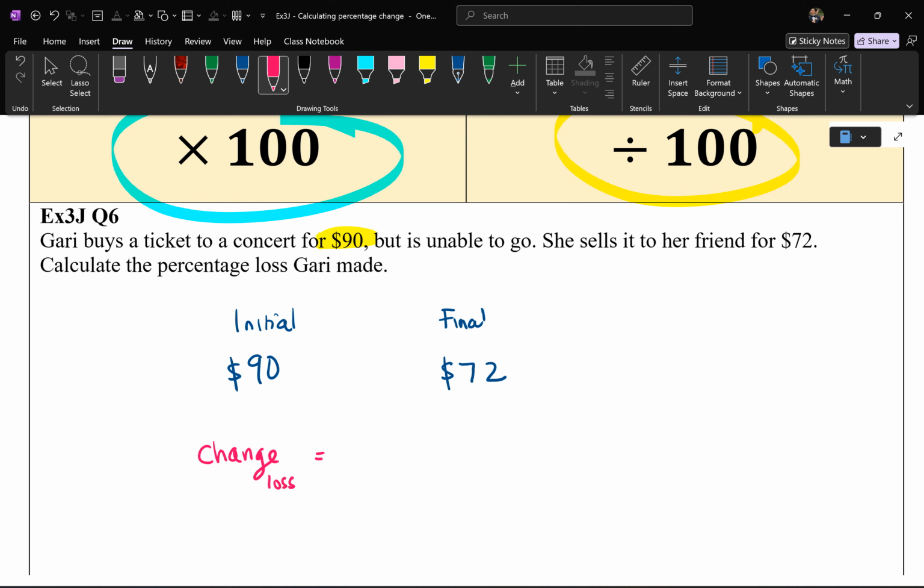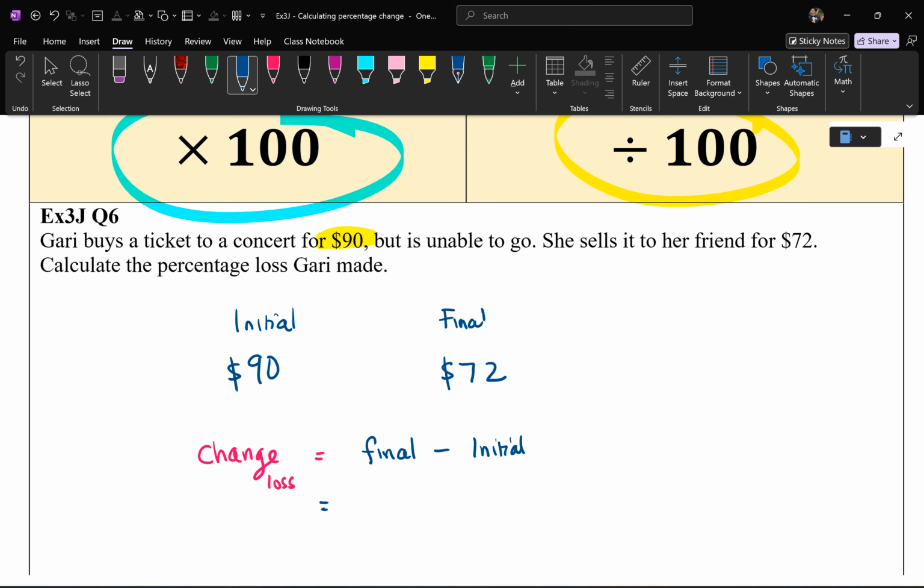So to teach you the order, I wrote initial and final, because when you're trying to find change, how do you know it's a loss? Well, we work out the change by doing final, what you end up at the end of the day, minus what you started off at the start of the day. So it's not always the large number minus the small number.